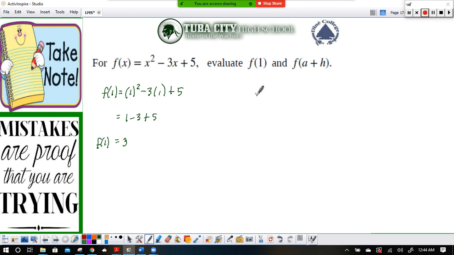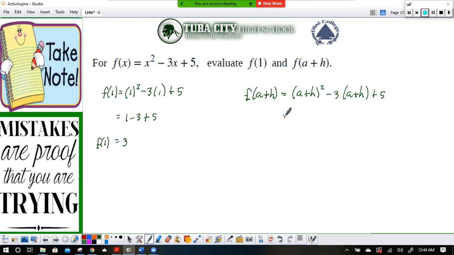To evaluate f of the quantity a plus h, again same thing, we will substitute the expression, the quantity a plus h, for every x in this quadratic function. So that means the quantity a plus h squared minus 3 times the quantity a plus h plus 5.